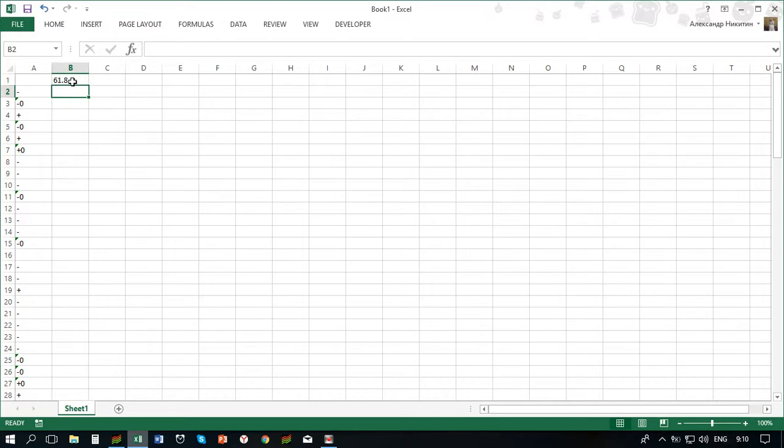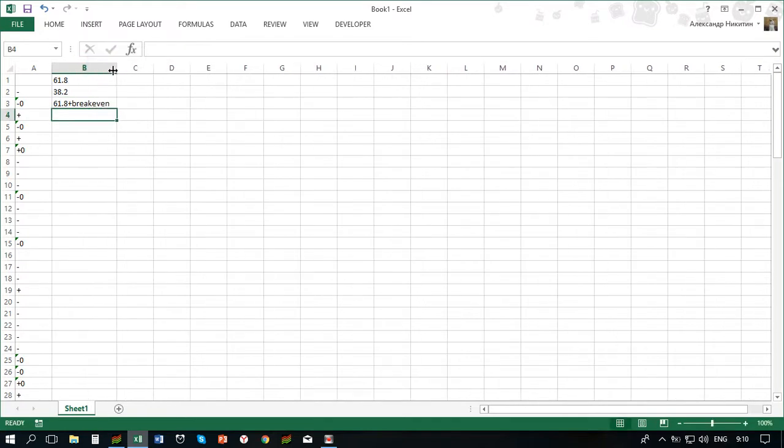The next approach is to use the 38.2 target only. And the next approach is to use the 61.8 target, but when it reaches 32, do the break even. You have to do it yourself. Type it in your Excel spreadsheet as well.